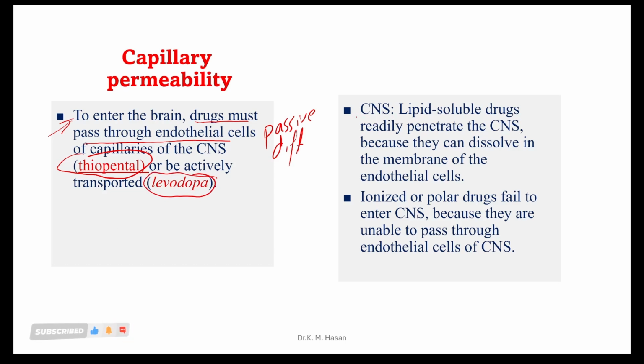So they remind us here that with the central nervous system, lipid soluble drugs readily penetrate the central nervous system because they can dissolve in the membrane of the endothelial cells. However, ionized or polar medications fail to enter the central nervous system because they are unable to pass the endothelial cells.